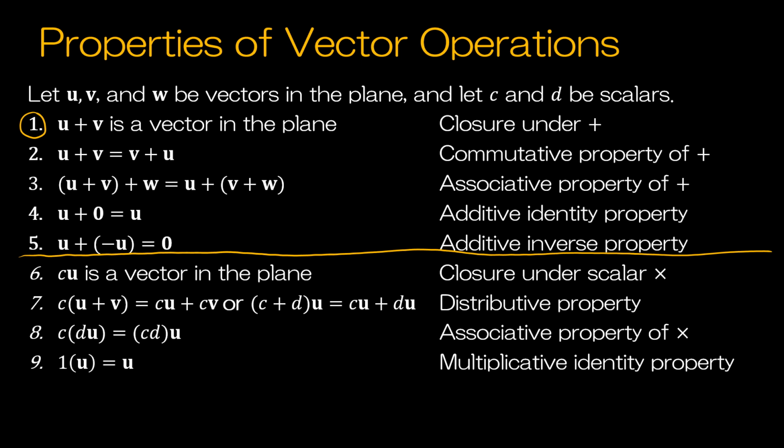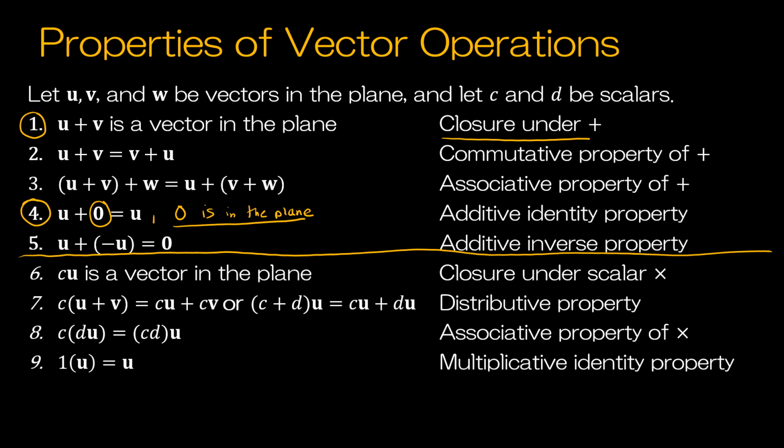Number 4 is the additive identity property. What I don't have here is that u plus the 0 vector is equal to u, but that means that the 0 vector is in the plane. Now I point that out because there are going to be 3 of these that are important to us, and one of them is closure under addition.